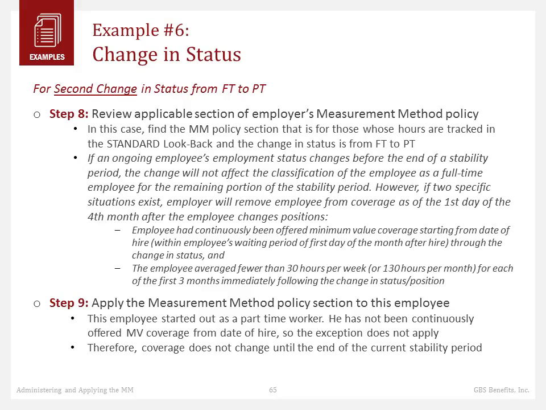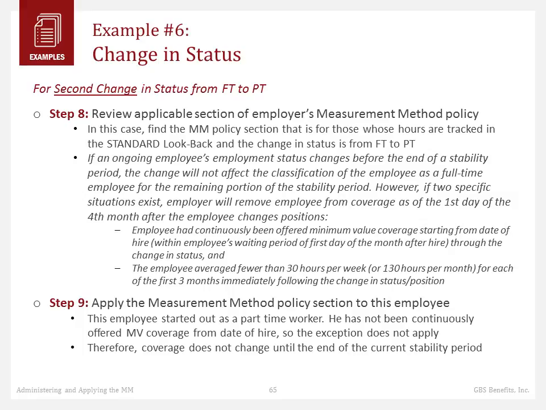Okay, now that we figured out the first change in status, we need to talk about the second change in status. And the second change in status is from full-time to part-time. So step 8 is review your applicable section of your written measurement method policy that deals with this. And in this case, it would be your standard for those whose hours are tracked in the standard look back, and the change in status is from full-time to part-time.